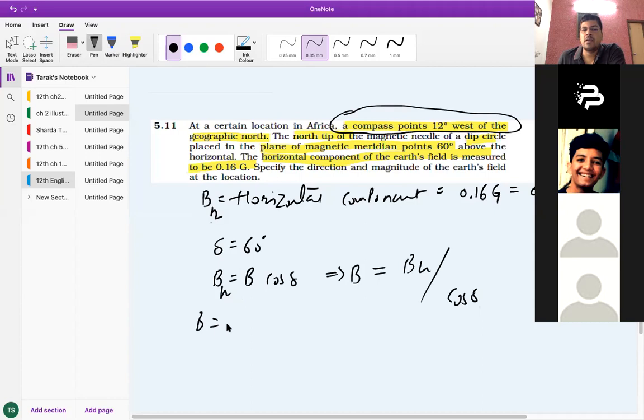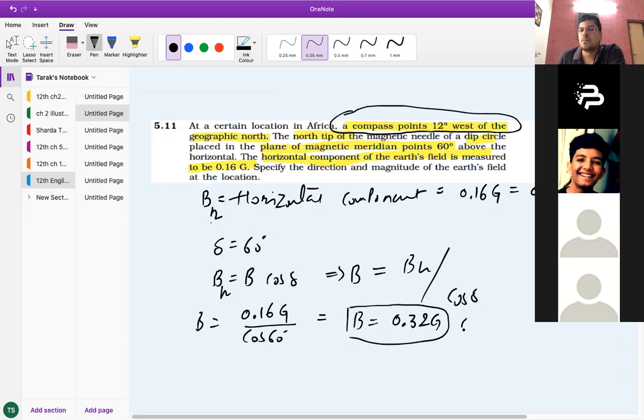So B is equal to the horizontal component 0.16 Gauss over cos 60. Cos 60 is 1 by 2, and the 2 goes into the numerator. So B is equal to 0.32 cross 10 to the power minus 4 Tesla. So this is your answer.